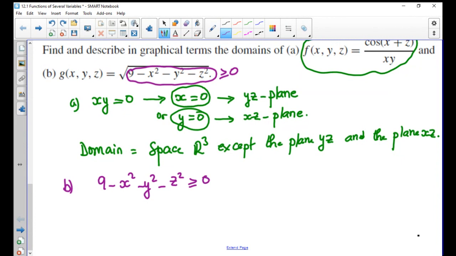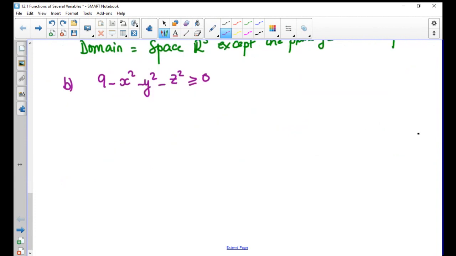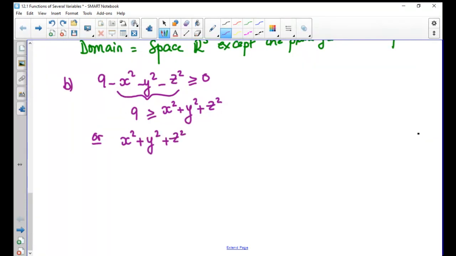Now, let me take these three terms to the other side. It becomes 9 greater than or equal to x squared plus y squared plus z squared, or let me write it in a slightly better way, x squared plus y squared plus z squared is less than or equal to 9.